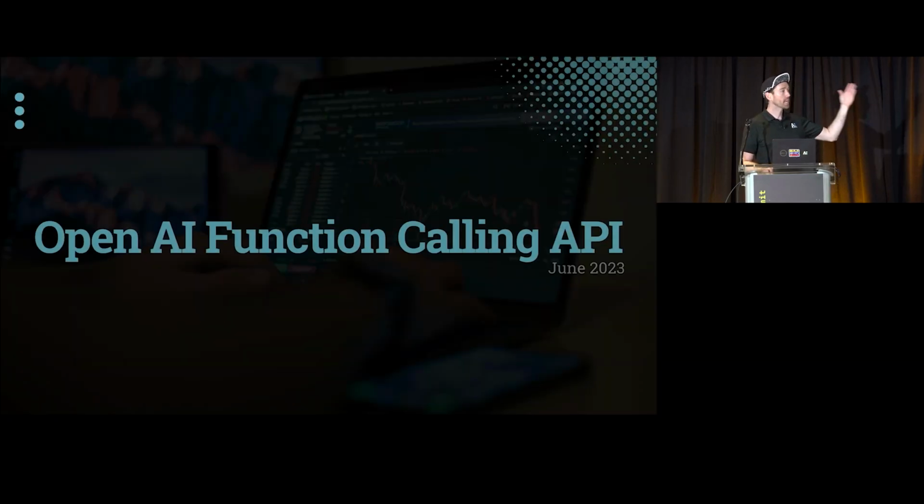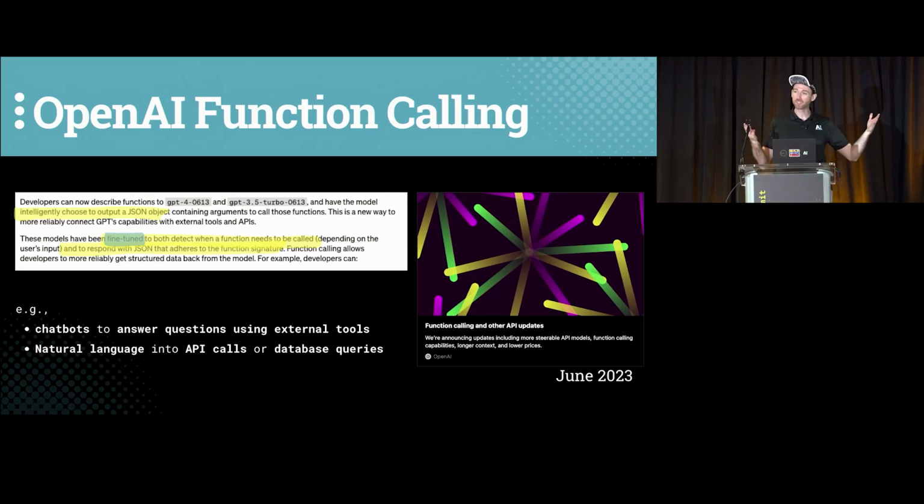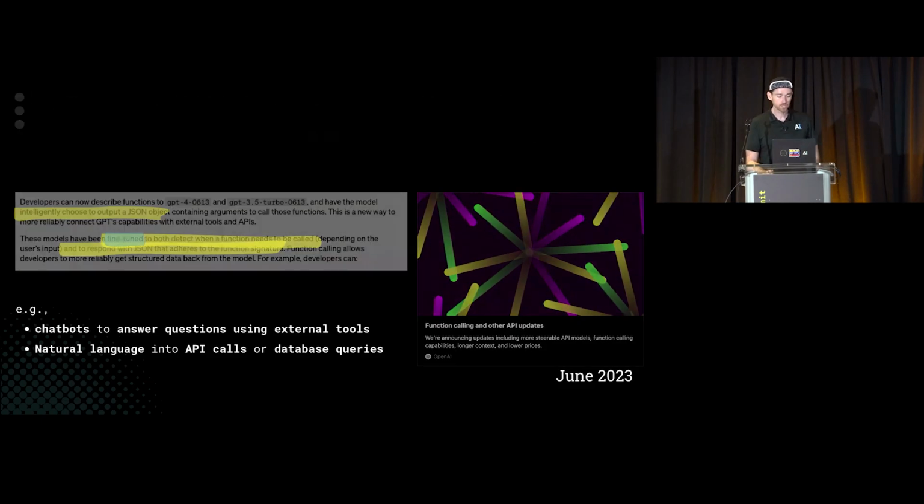Remember the function calling API. We already saw this at the very beginning, if you've been with us from the beginning. These models have been fine-tuned to both detect when a function needs to be called and to respond with JSON that adheres to the function signature. So reasoning action, ReAct, boom, boom, function calling, you got it.